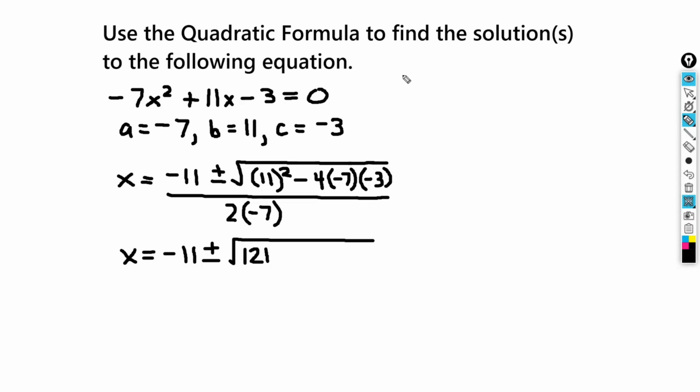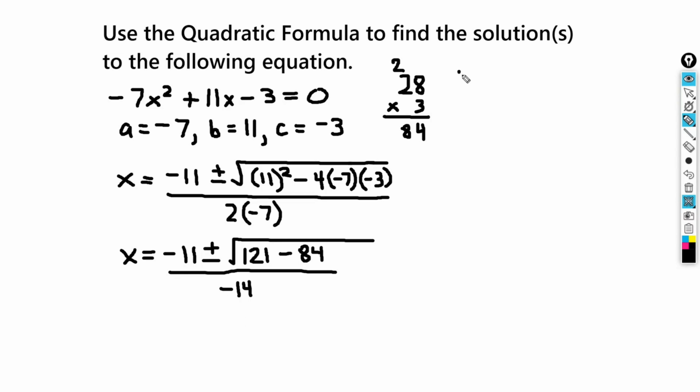So 4 times 7 is 28, and then times 3, so let's work this out. 3 times 8 is 24, 3 times 2 is 6, plus 2 is 84. So we're going to subtract 84. And 2 times negative 7 is negative 14.